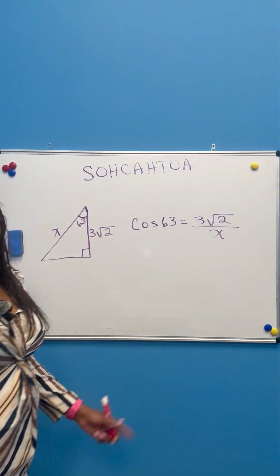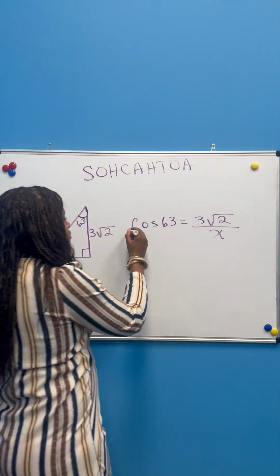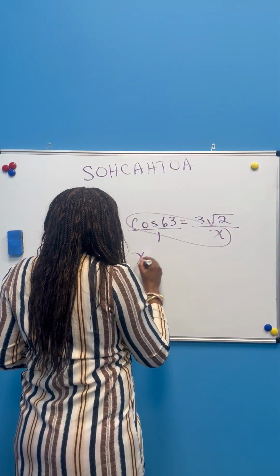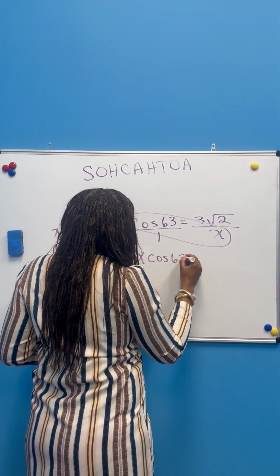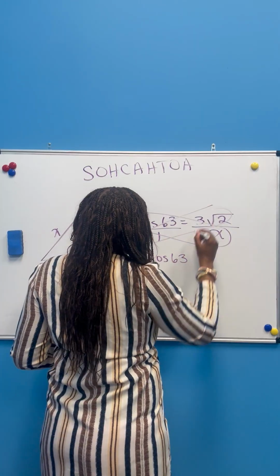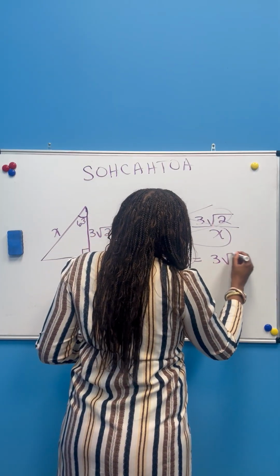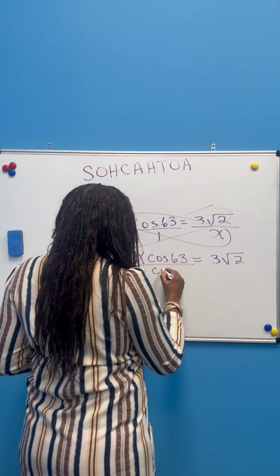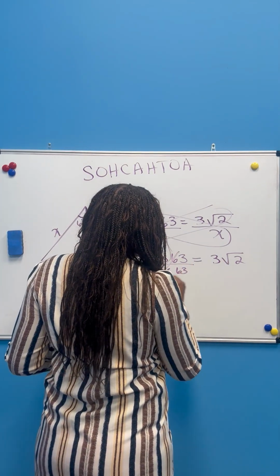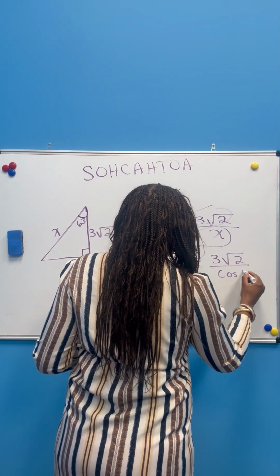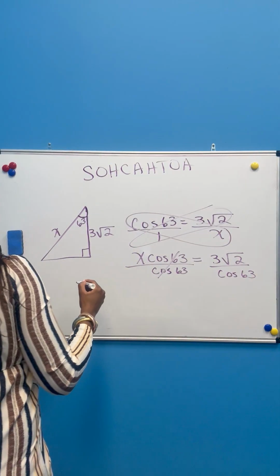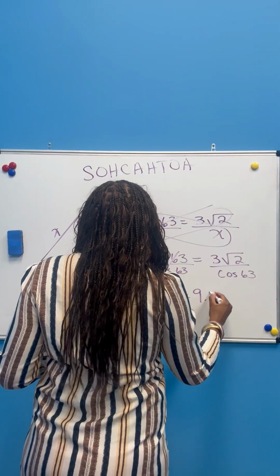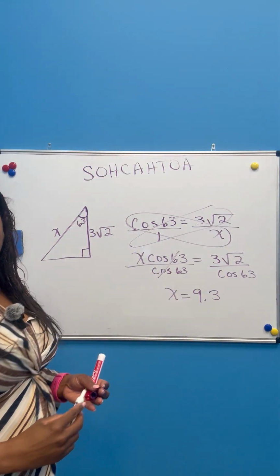We will solve it just like we did the last one. We cross multiply and divide by cosine 63. For this one, I got 9.3 for our hypotenuse.